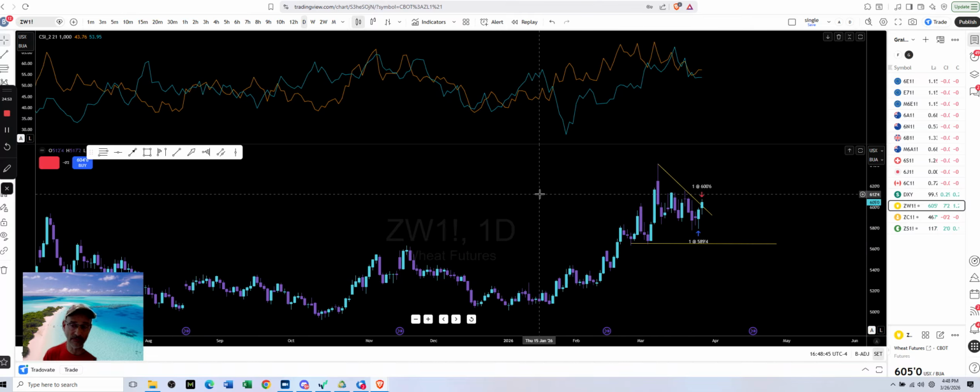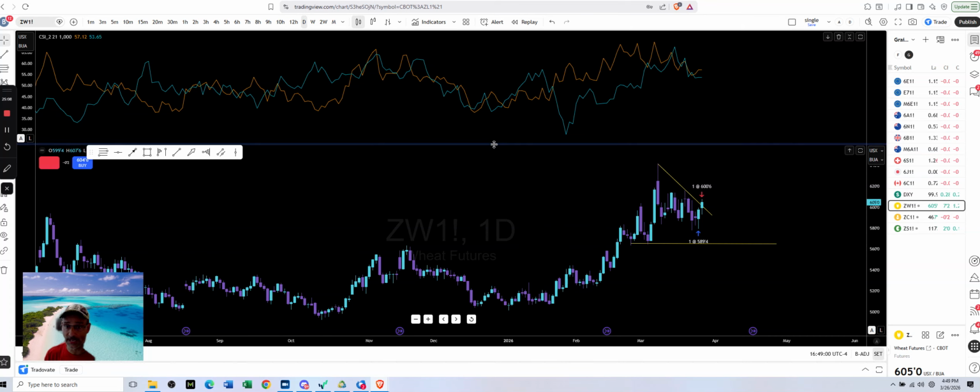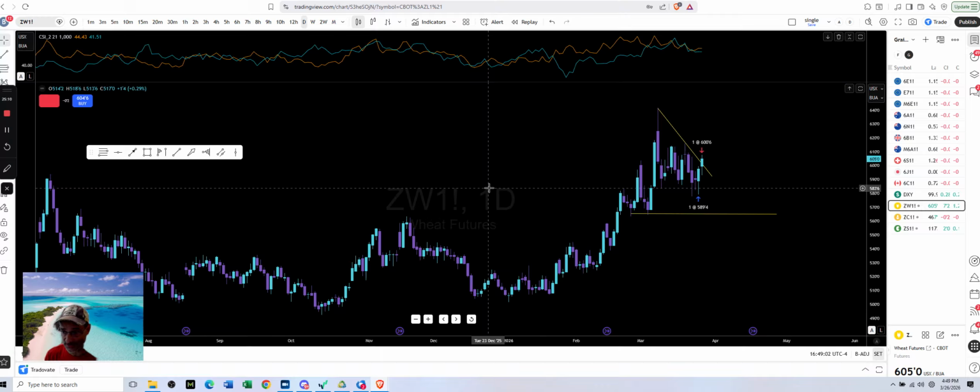So I'm just going to wait for another entry signal and then I'll probably get back into this. But I didn't get it today. I could have held the trade from yesterday, but since I closed it, I wasn't going to re-enter until I get a signal. And this indicator, the CSI, is obviously not used for this asset. It's not working in these grain markets, so you can ignore it right now.